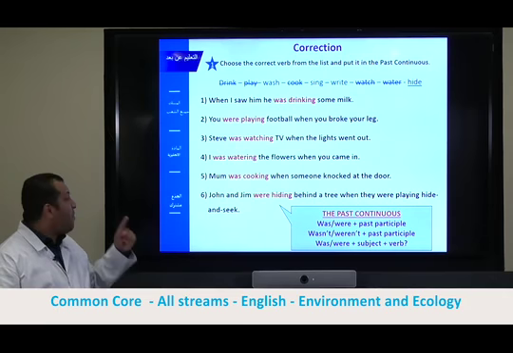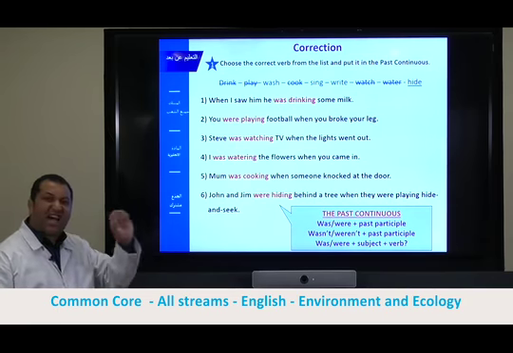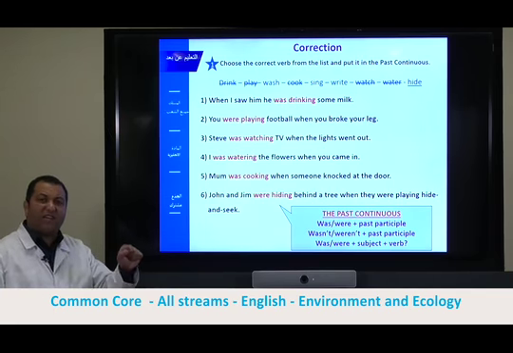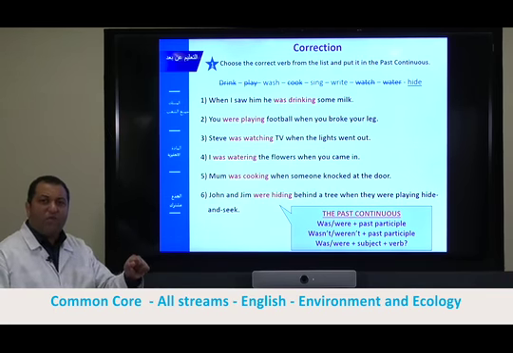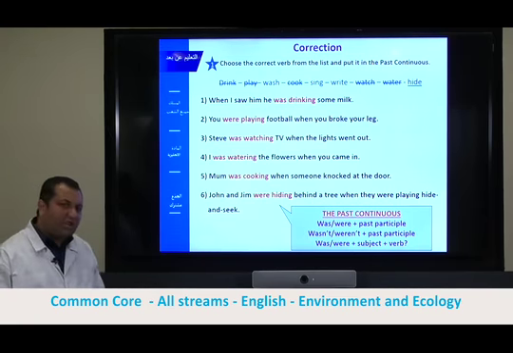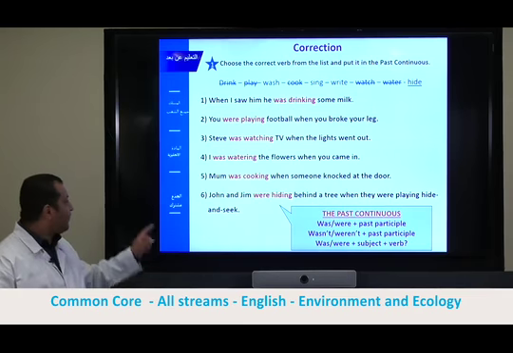Number 5, Mom was cooking when someone knocked at the door. It means when someone knocked at the door, my mom was in the action of cooking. So cooking is a long action. Knocking at the door is a short one.